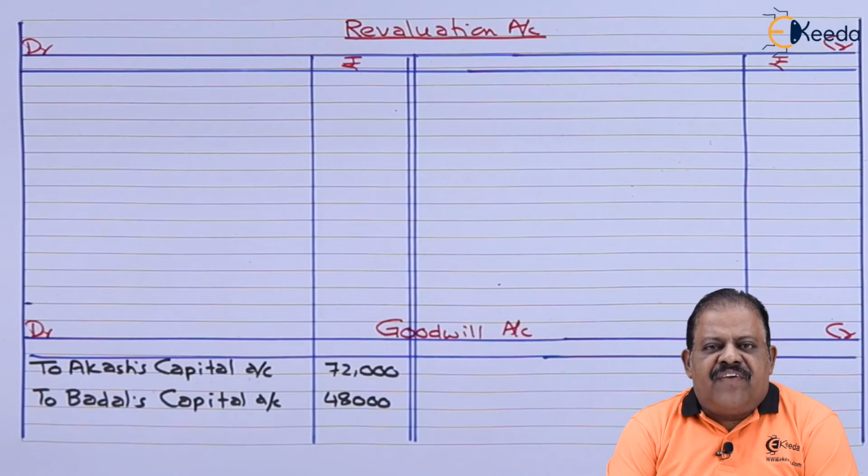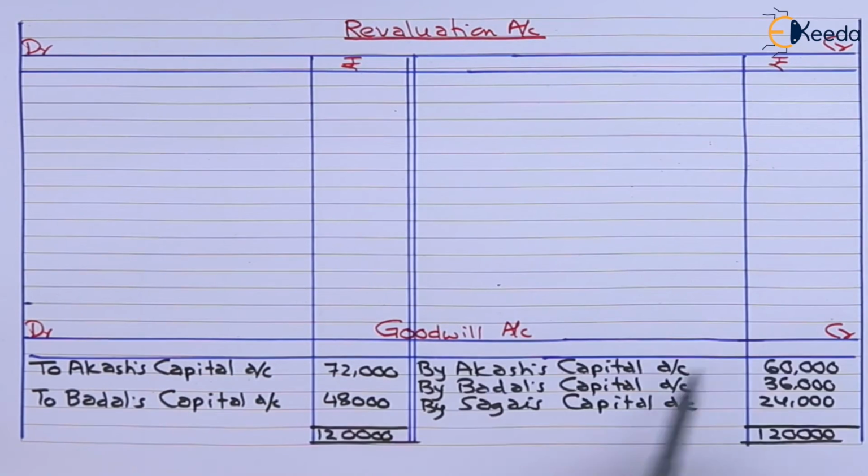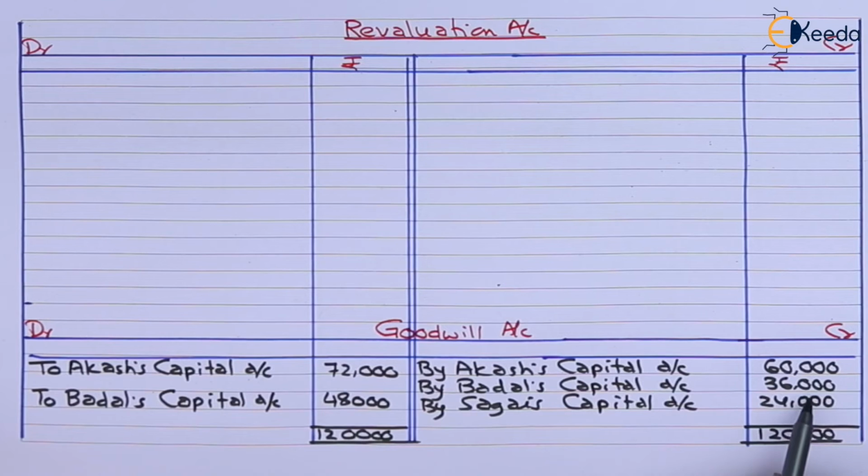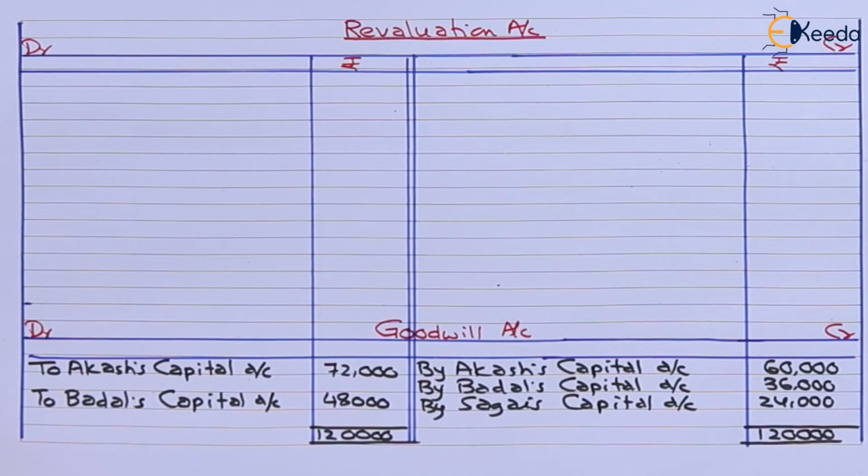This will have another effect in goodwill account on the credit side: by Akash's capital account 60,000, by Badal's capital account 36,000, by Sagar's capital account 24,000. Here the goodwill account gets closed. So no goodwill will appear in the new balance sheet.